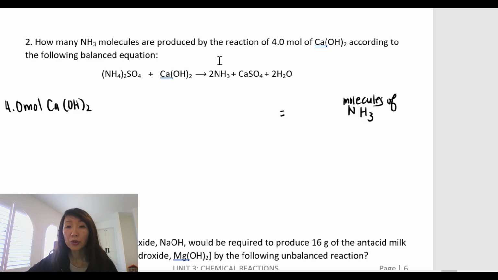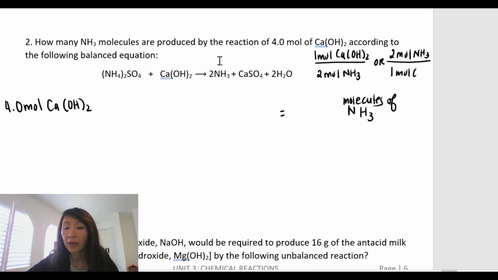The unit conversion factor generated from those two compounds is: every 1 mole of calcium hydroxide is 2 moles of NH3, or 2 moles of NH3 over 1 mole of calcium hydroxide.